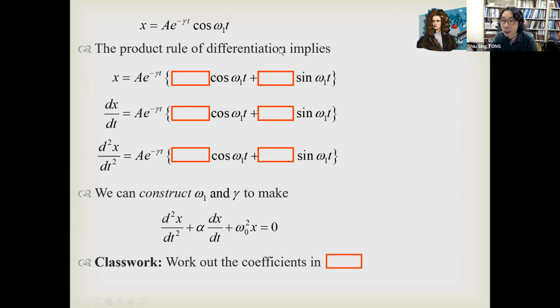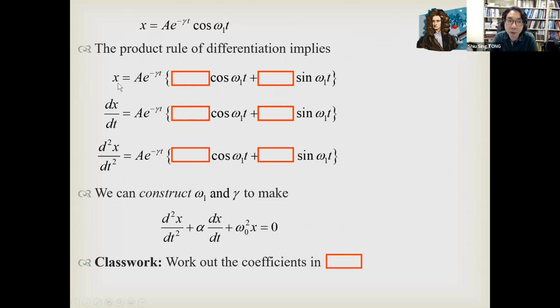And of course, there's another constant coming out. So I expect after the first differentiation, dx/dt will be composed of two terms, one with a cosine and the other with a sine. I have to work out these coefficients, so I leave them blank here.